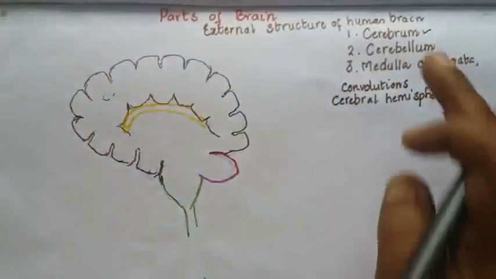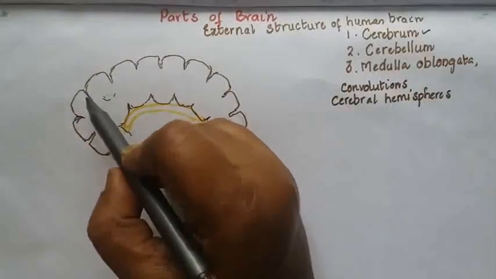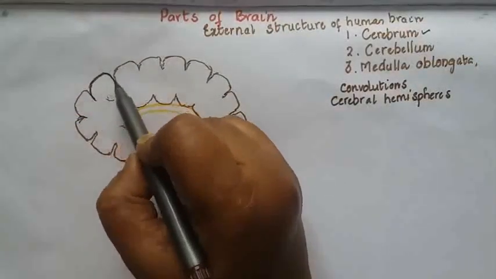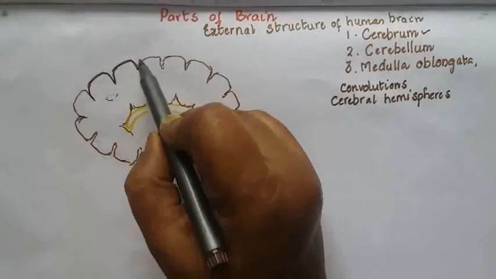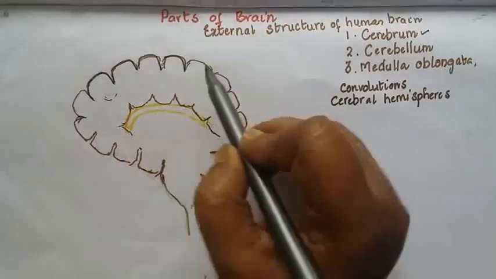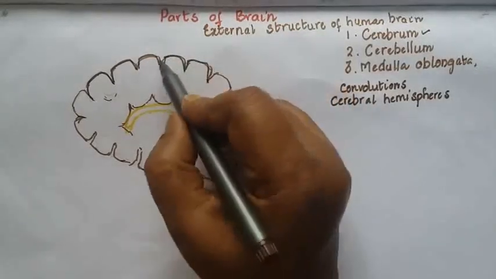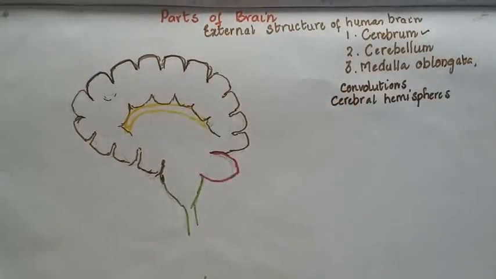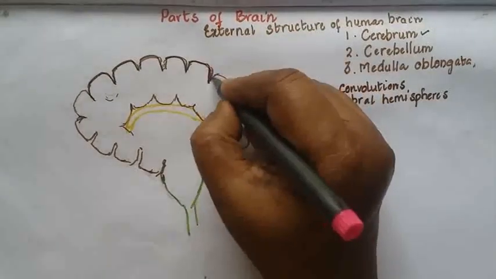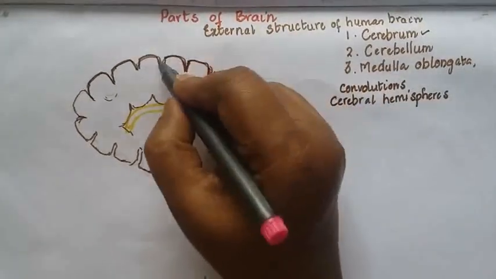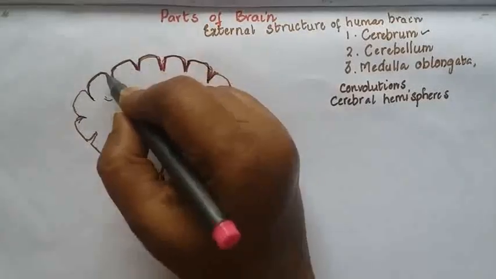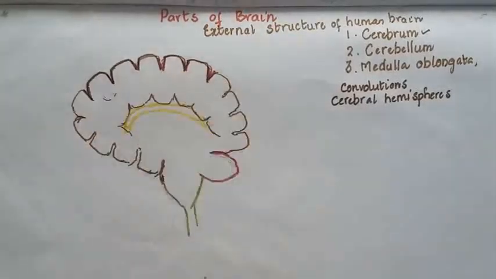In the same way, the cerebrum has a number of ridges. What I am showing you is a ridge, right? And it also has a number of depressions. What I am showing you with the pink color is the depressions, or what do we call them, grooves, right children?